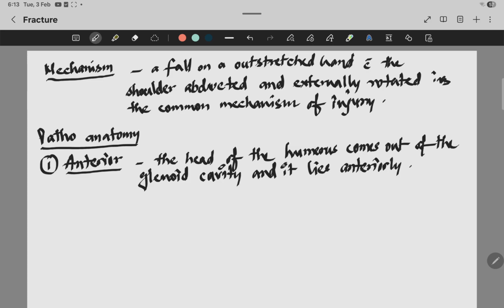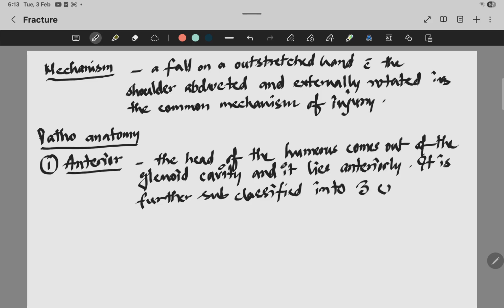In this case, the anterior shoulder dislocation is further sub-classified into three categories.